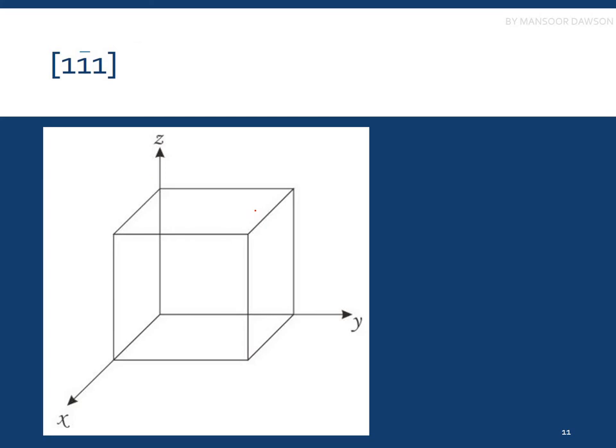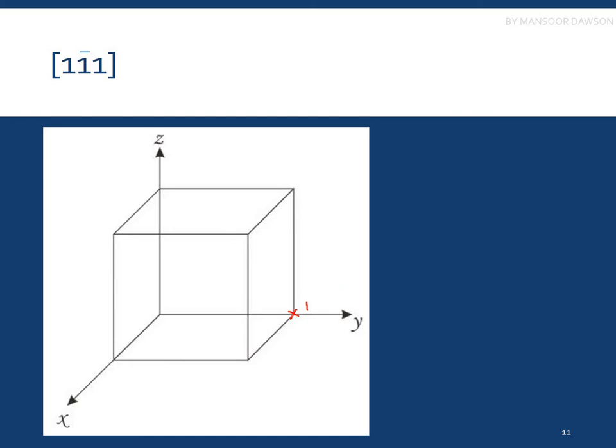Next we have 1 bar 1, and you can see over here that it is -1 and 1 again. In this we'll be shifting our origin, since the y index is in the negative form. This would be our 0, and we'll be moving against this direction towards the 0, 0, 0 value. So we'll be shifting the origin towards y because the y value is negative.